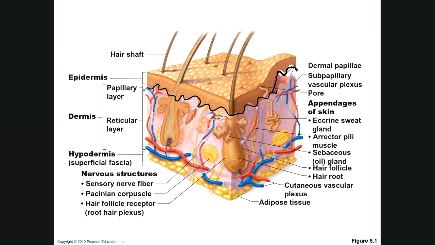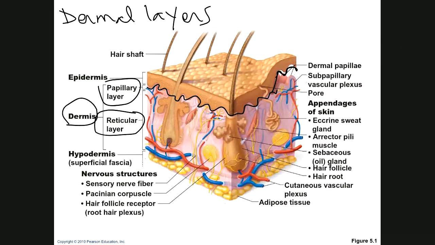Okay. Now, the layers of the dermis are two, the papillary layer and the reticular layer. These are called dermal layers, or layers of the dermis. When it comes to the test, be careful. Read questions carefully. If a question asks about dermal layers, then the question pertains to one of these two layers, papillary layer or reticular layer.